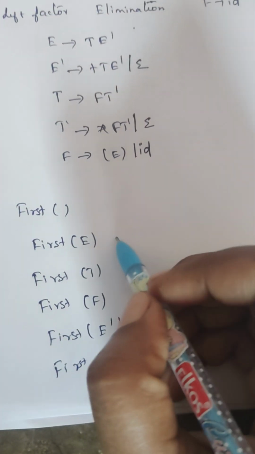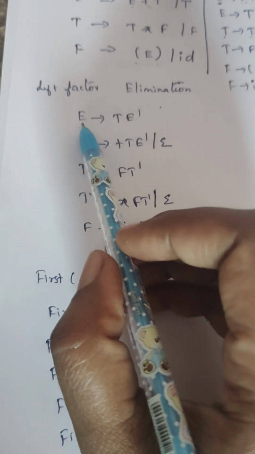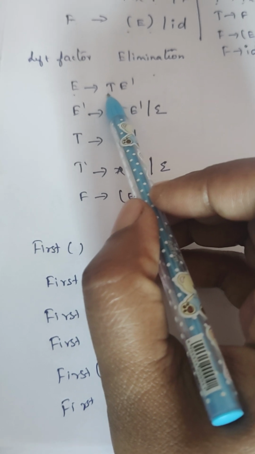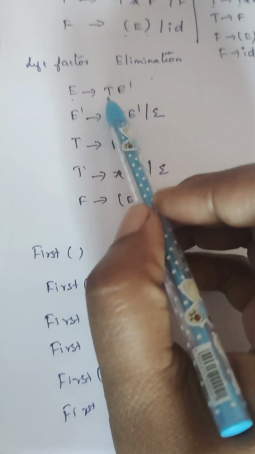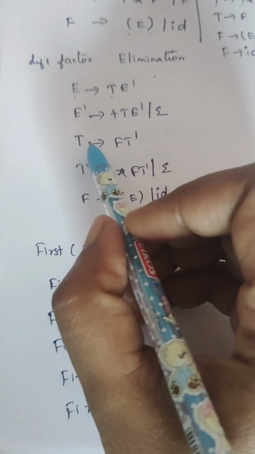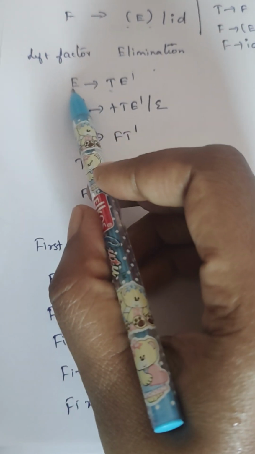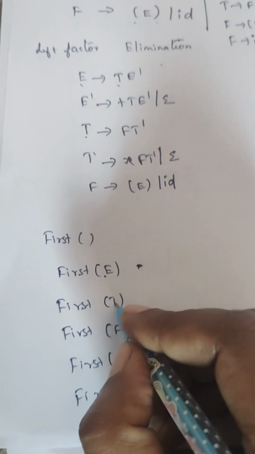How to calculate first of E? If you go to the production rule of E, the first variable it points to is T, a non-terminal variable, so we go to the T production rule. To calculate first of E, I first need to know first of T.